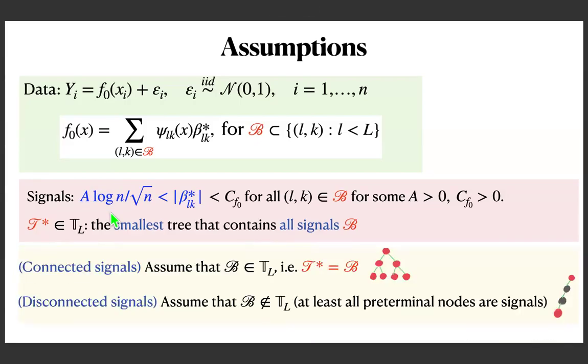With that, there can be only two scenarios: the signals themselves are a tree or not. The first case is equivalent to all the signals being connected within the true tree, and the other case is that the signals are disconnected.